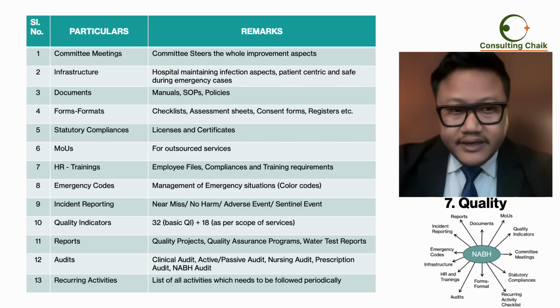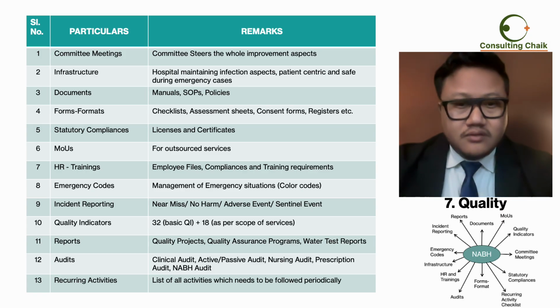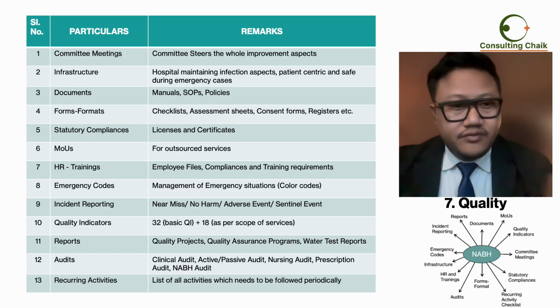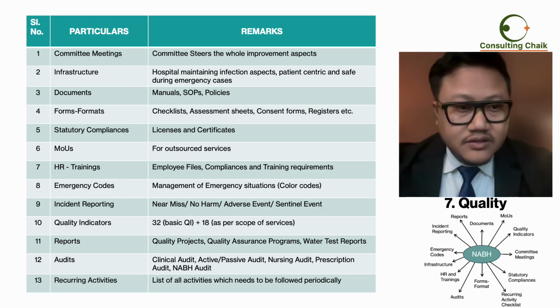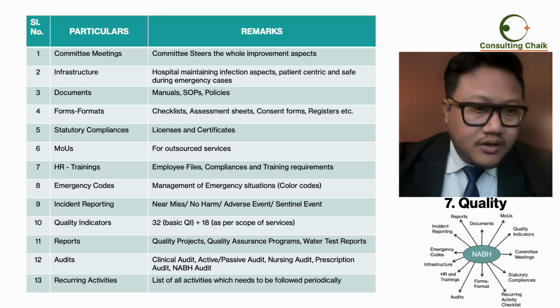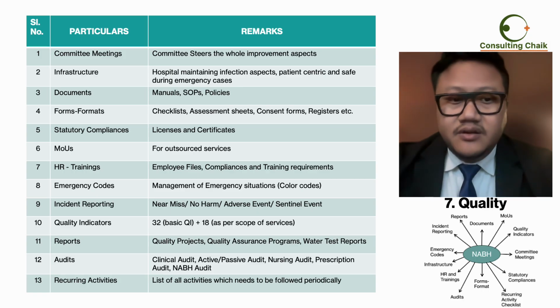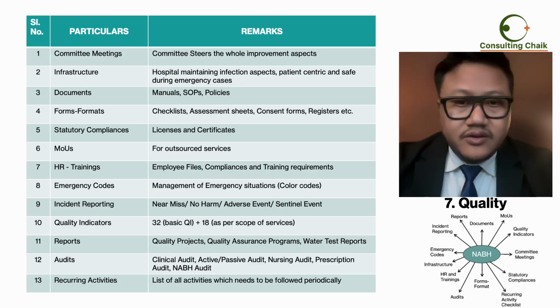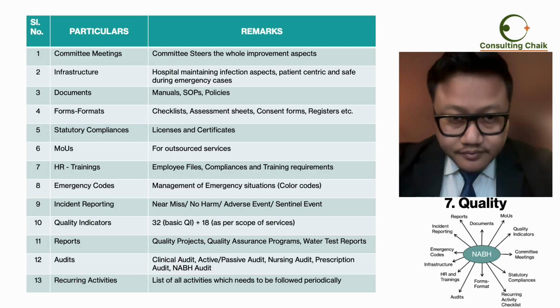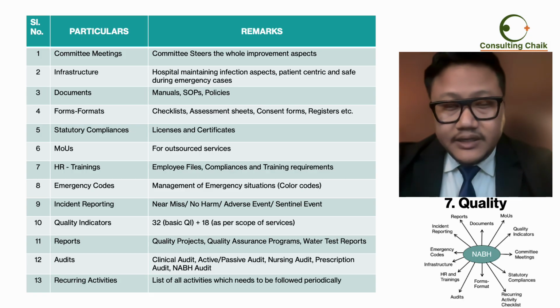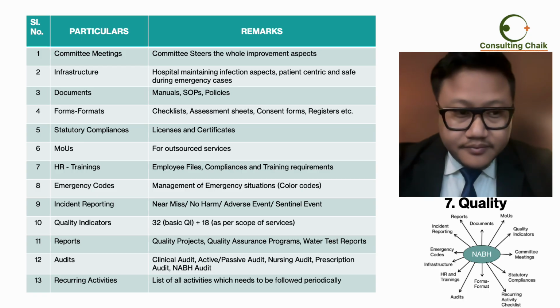HR training is very important. It is an intersection of HR and quality, which I had covered before. Then your emergency codes, so management of emergency situations, your color codes like red, blue, pink, violet, orange, yellow, black, all that.